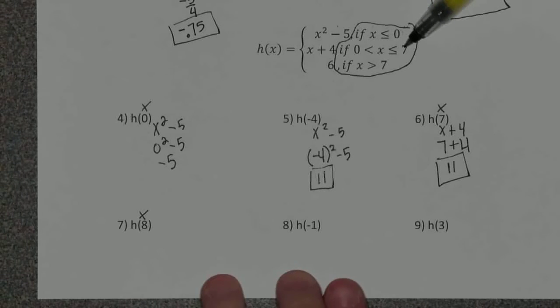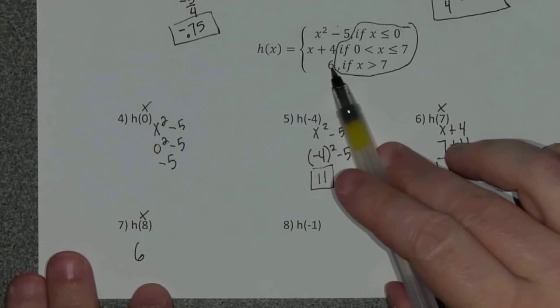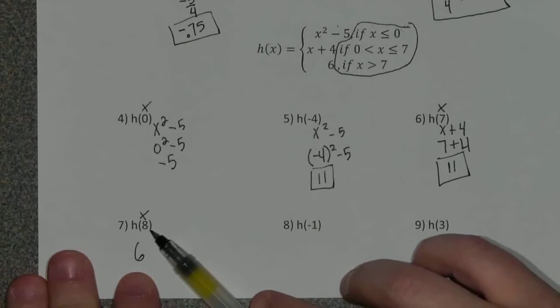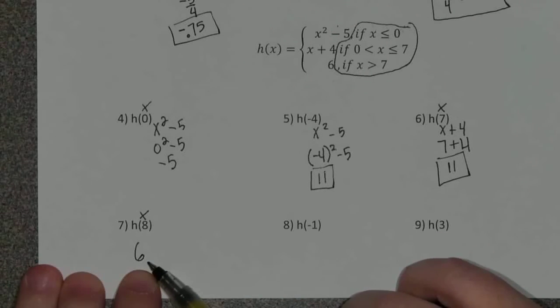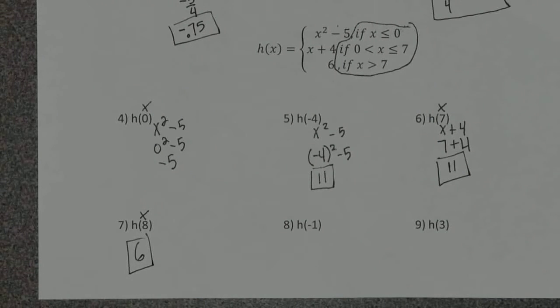No, so I don't get to put it in here. Is 8 greater than 7? Yeah, so it goes into this one. When you go into this function, though, the function is the number 6. Is there a place for you to substitute the 8 into an x value? Nope, so what's your solution? 6. Okay. Questions on how I did that?